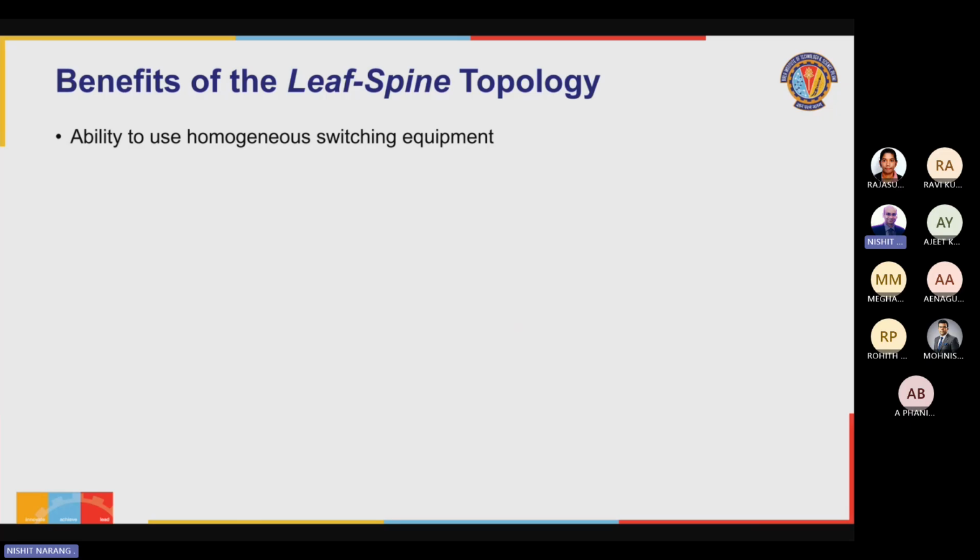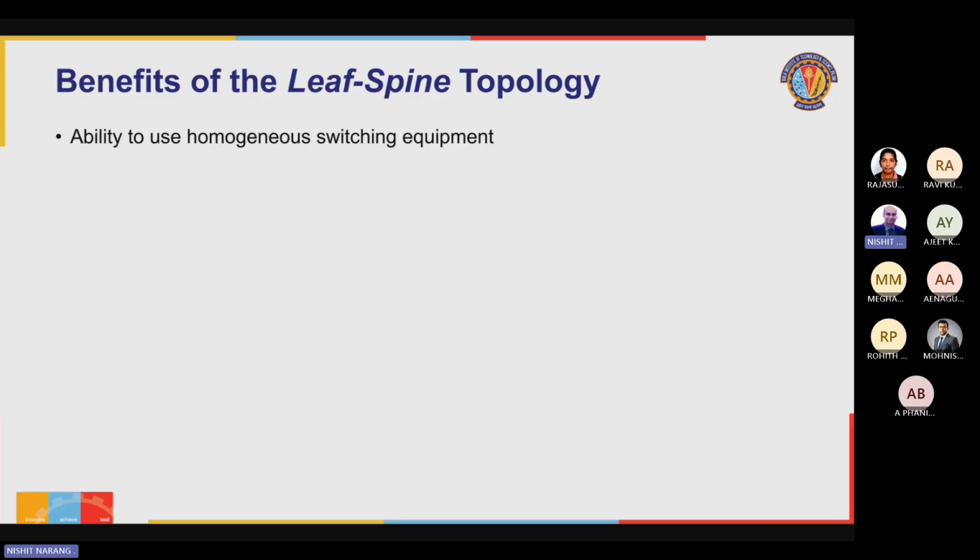One, it requires your personnel, the network administrators, to be trained on only one type of equipment. Two, it means you can benefit from economies of scale. When you go to market to purchase the switching equipment, you are purchasing thousands of them of the same type. Three, it simplifies your network management.